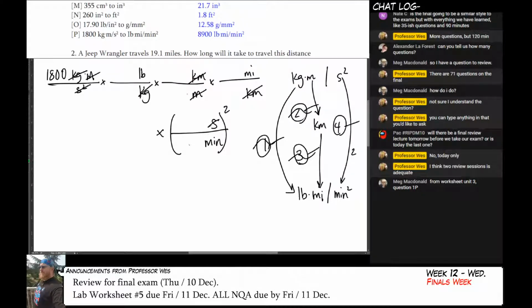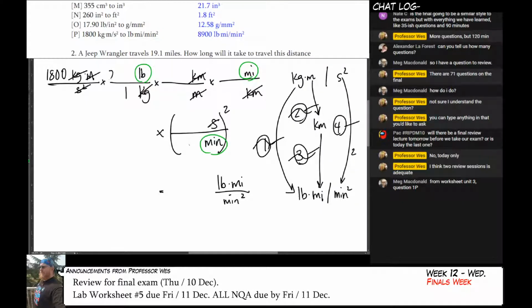And now that I have the units that I want, which are pounds, miles per minute squared, we can do the numbers. And so that would be, how many kilograms are in how many pounds?